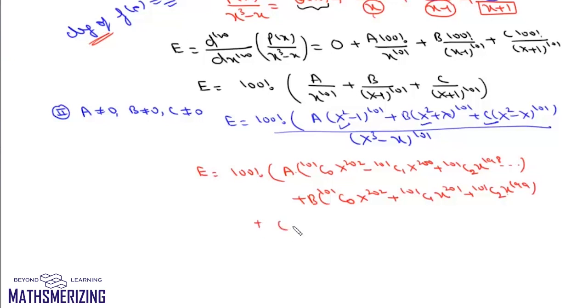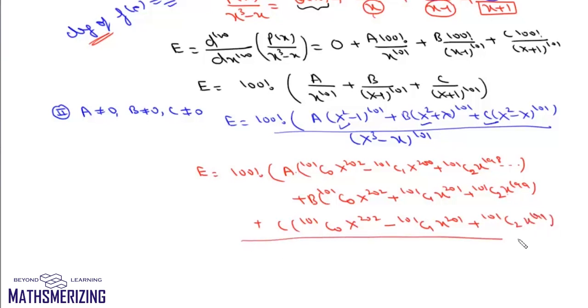And again for c we can write 101 c0 x to the power 202 minus 101 c1 x to the power 201 plus 101 c2 x to the power 199, upon (x cube minus x) to the power 101.